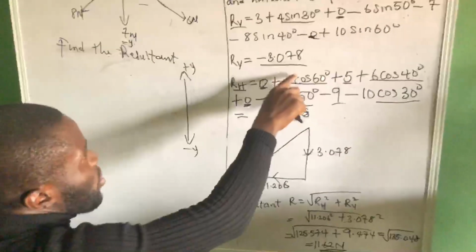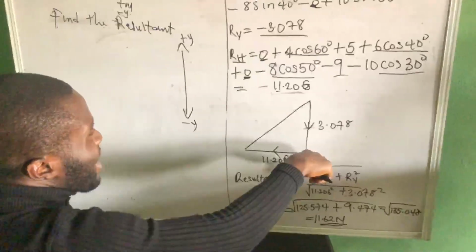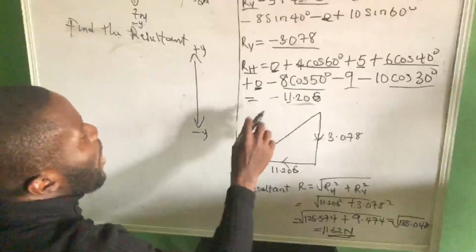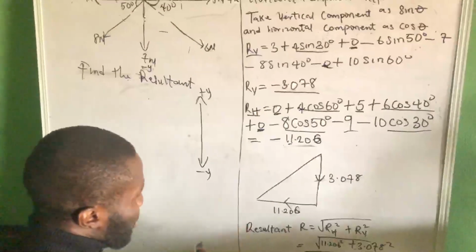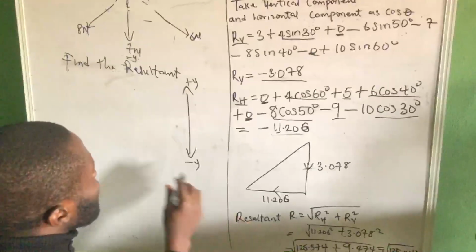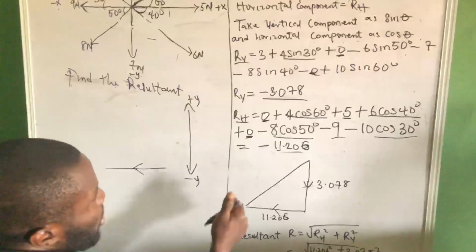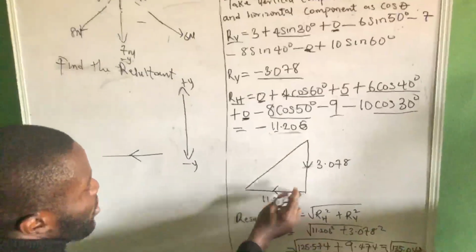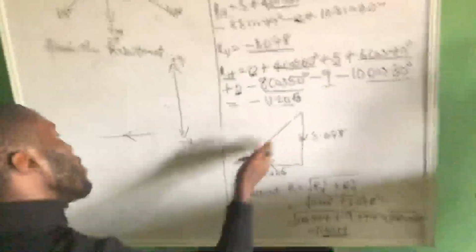So minus 3.078, you don't need to put minus there again because the arrow has shown that it is along the negative y-axis. Now our answer for RH is minus 11.206, meaning along the negative x-axis. So you just write 11.206 and your arrow is pointing along the negative x-axis, and you join the triangle.